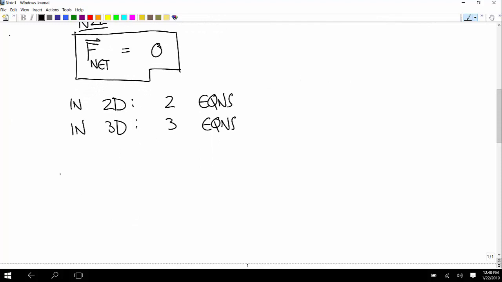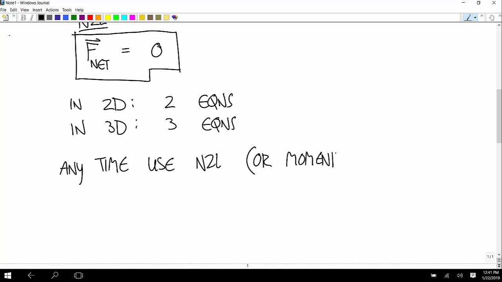Anytime we use Newton's second law, and that's all we're using for particle statics, but this is also true of the moment equation, I require you to draw a free body diagram, and I'll take off points if you don't.